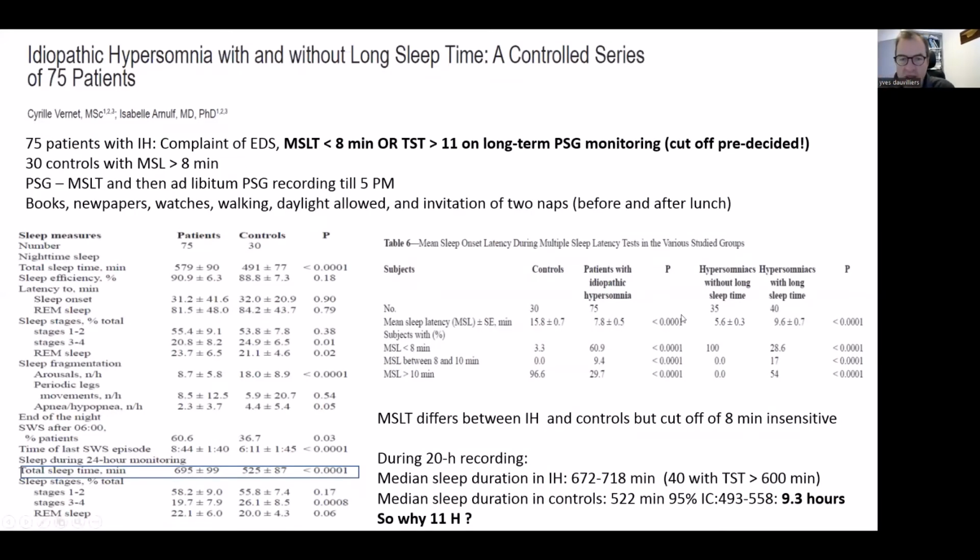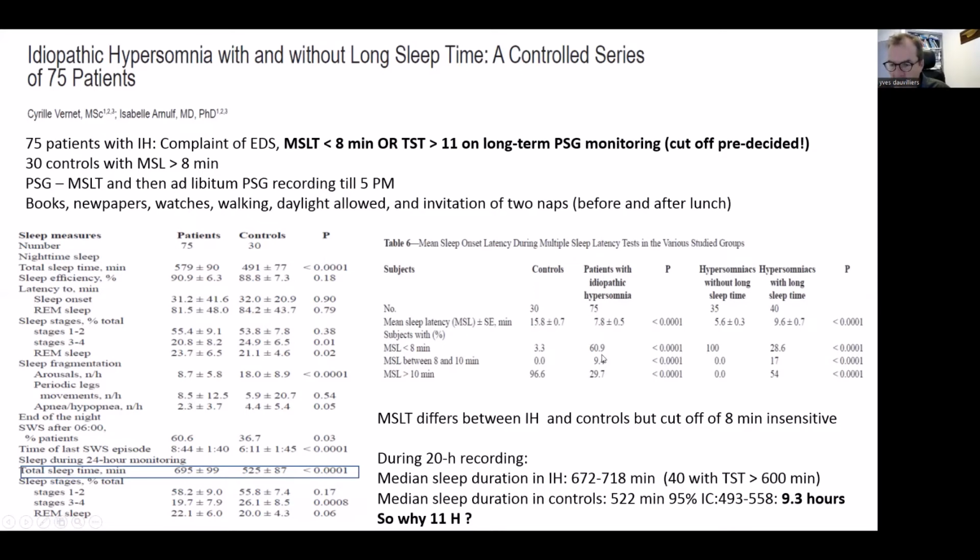In Paris, they did the first one several years ago, comparing 75 subjects to controls. Of interest here, I want to stress that patients with IH are sleepier than controls on the MSLT, 7 minutes compared to 15 minutes, as you can see here.